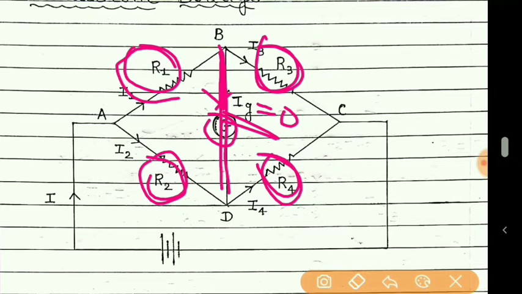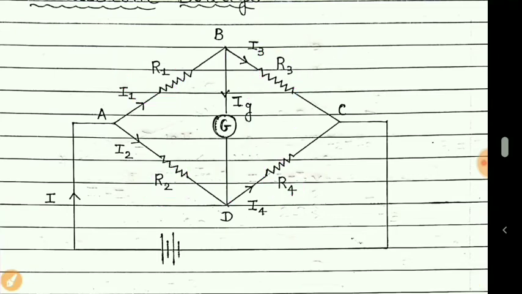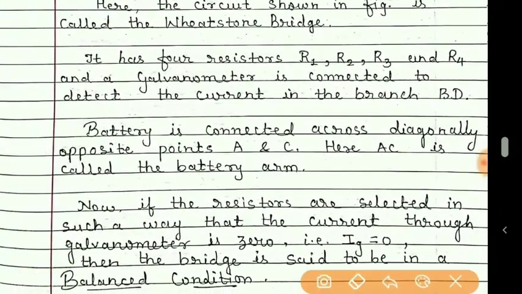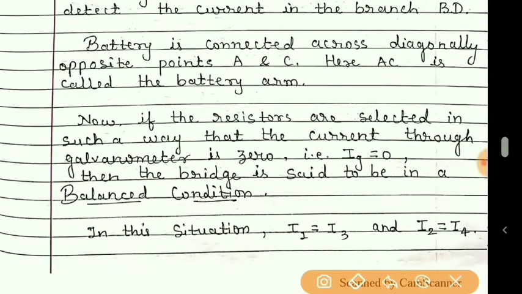So if such a situation is obtained, then we can say that this bridge, that is Weston's bridge, is in a balanced condition. Remember, balanced condition means the current is 0 in this branch along the diagonal. So considering the balanced condition of the bridge, we can say that the current Ig is 0.